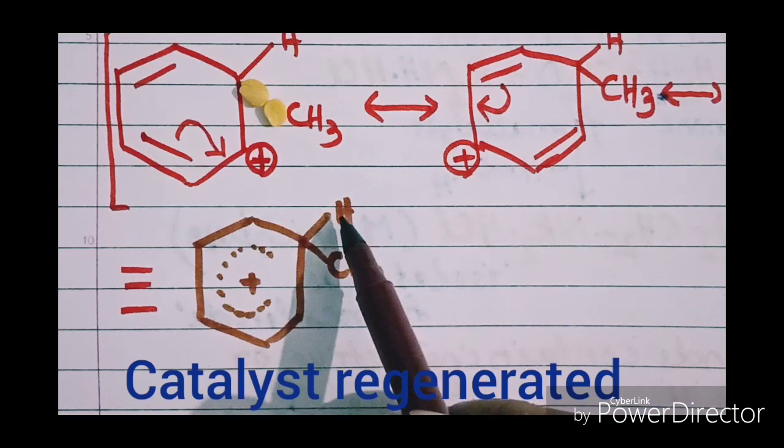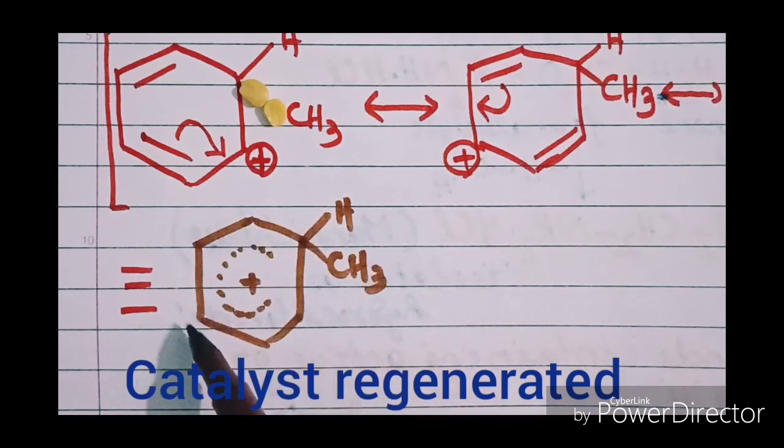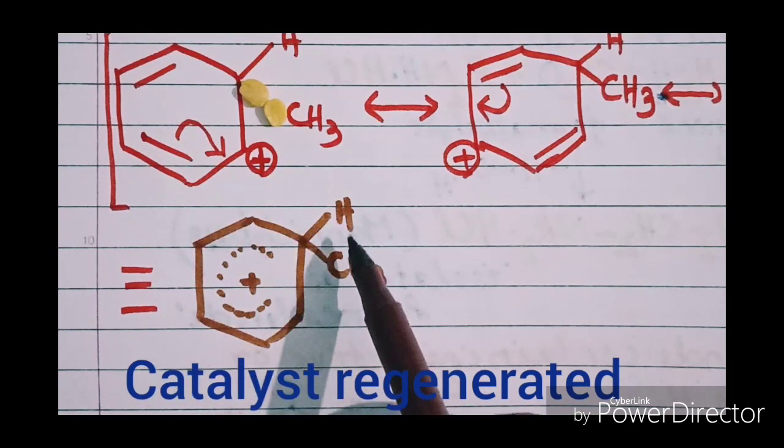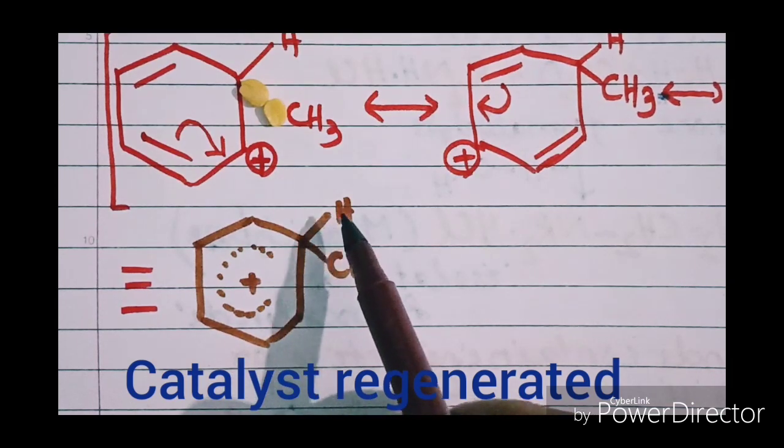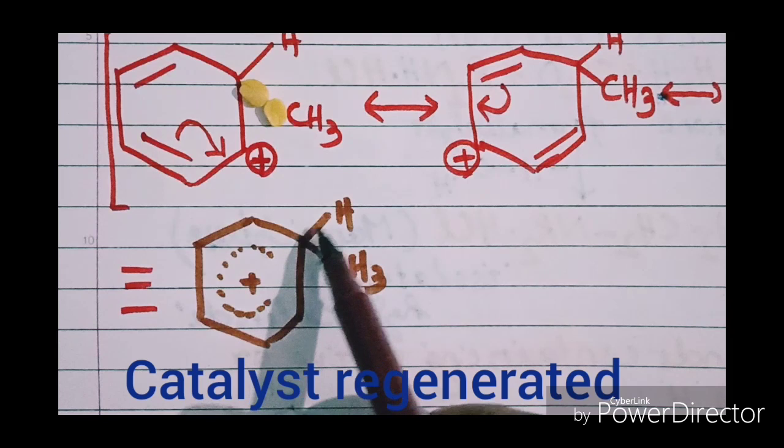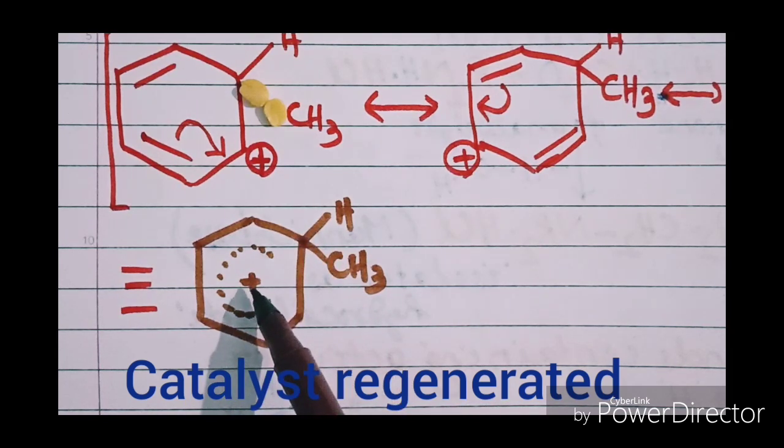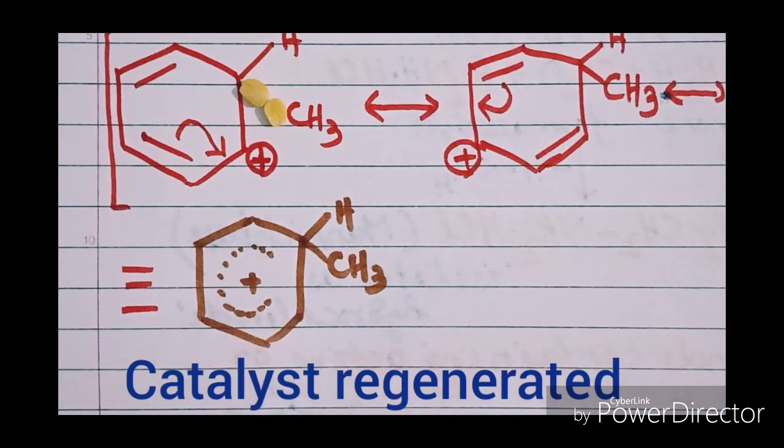When this H atom is lost by this sigma complex or by the resonance hybrid, it will lose its electron, and this can be taken by this positive charge present in the middle. It is possible in presence of AlCl4 minus.